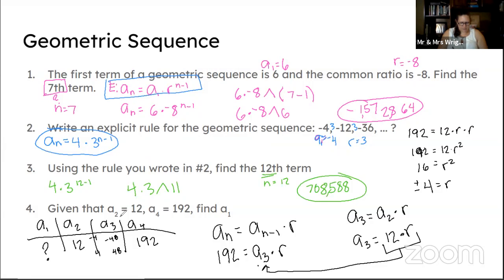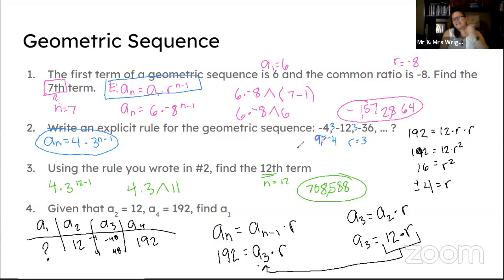Well, negative 48 times negative 4 is 192, and 48 times a positive 4 is 192 as well.